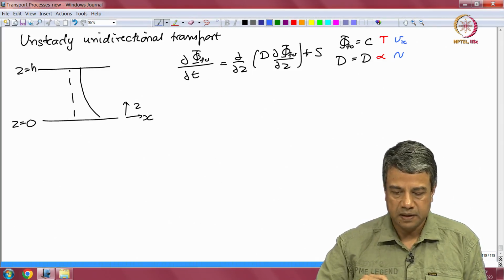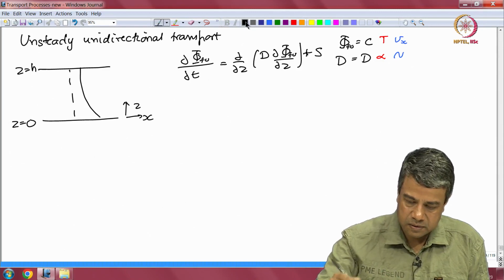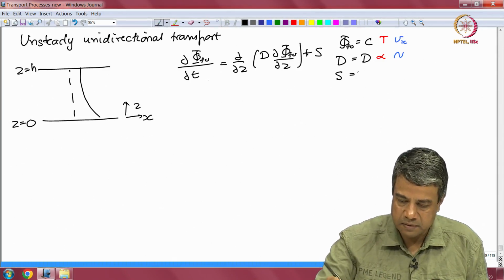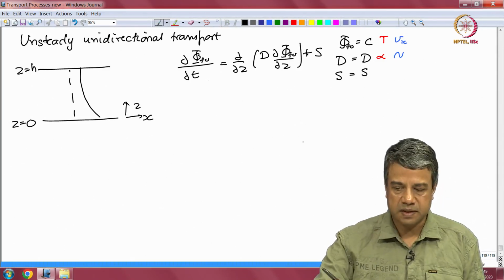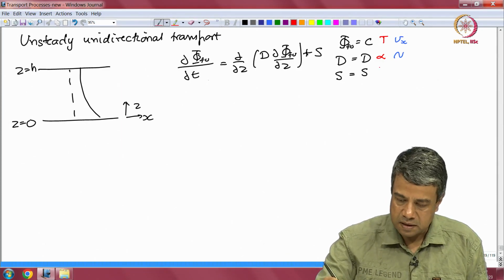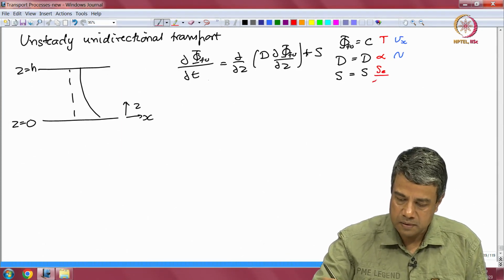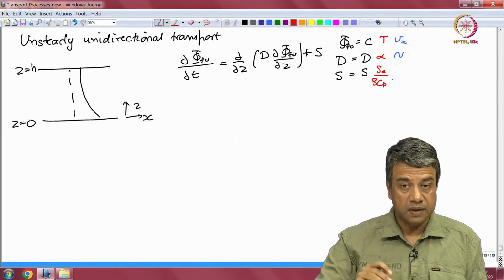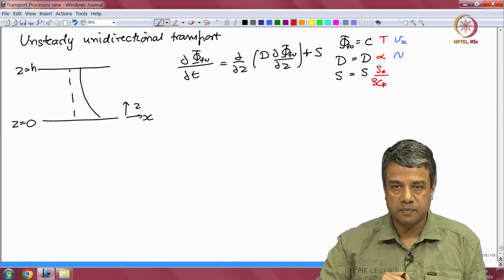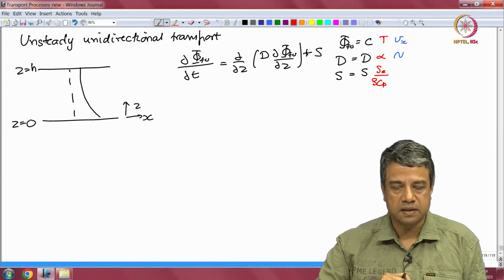Okay. And the source, the production rate is equal to the mass production rate for mass transfer, the thermal energy production rate by rho Cp, if you write the energy balance equation in terms of the temperature. If it is written in terms of the energy density, then it is just SE.